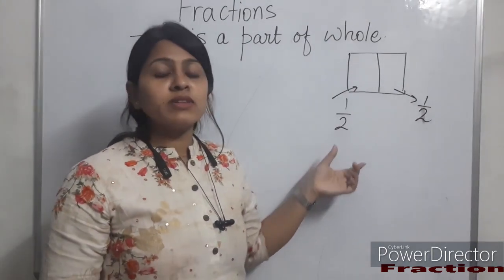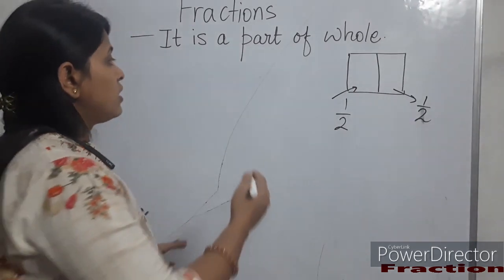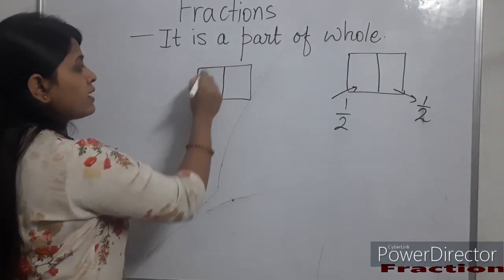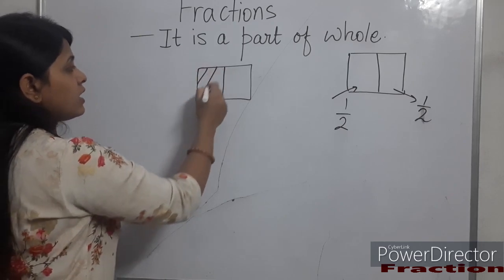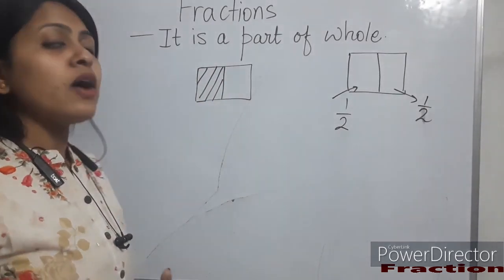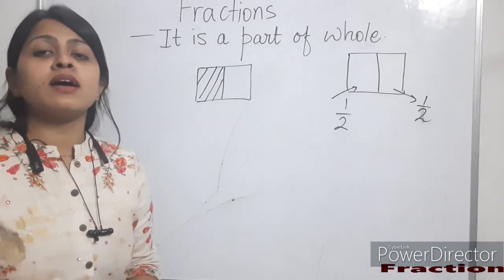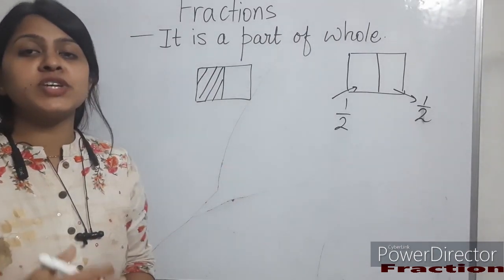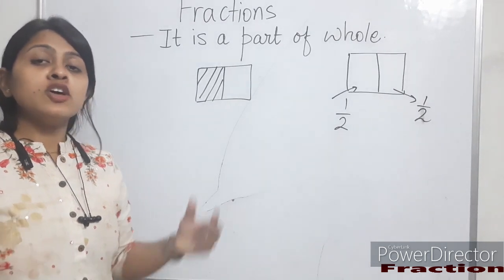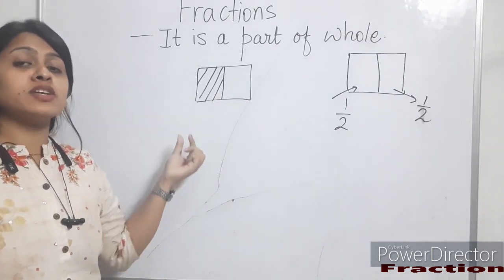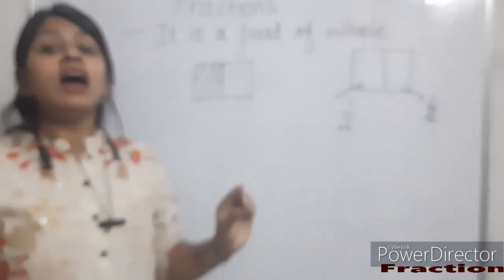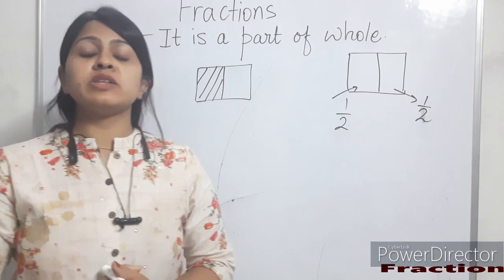This will make the topic easier. See, this is a square and I have colored the first part. Now I ask you, what is the fraction of the shaded portion? To tell the fraction of the shaded portion, first of all we have to see how many parts there are in total.